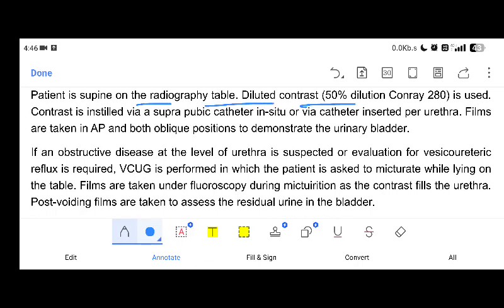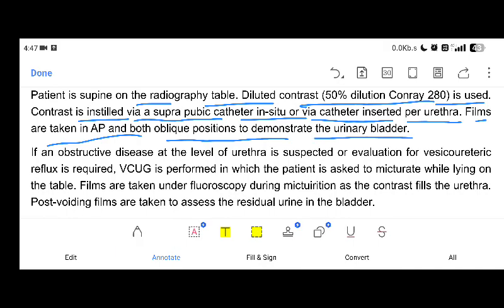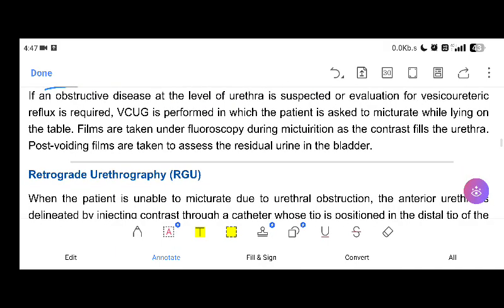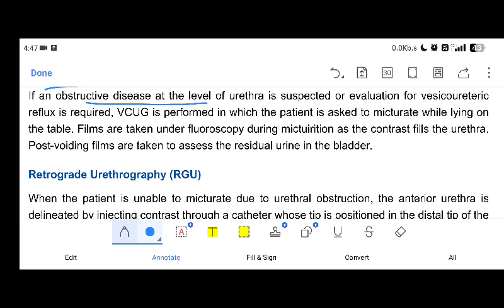Diluted contrast, 50% dilution of Conray 280, is used, and contrast is instilled via a suprapubic catheter in situ or via a catheter inserted per urethra. Films are taken in AP and both oblique positions to demonstrate the urinary bladder, if an obstructive disease at the level of the urethra is suspected or evaluation for vesicoureteric reflux is required.